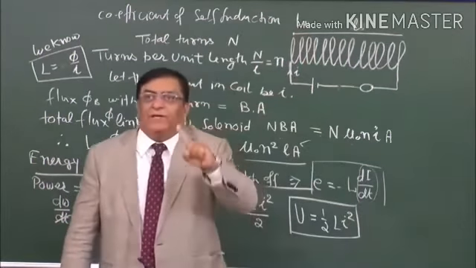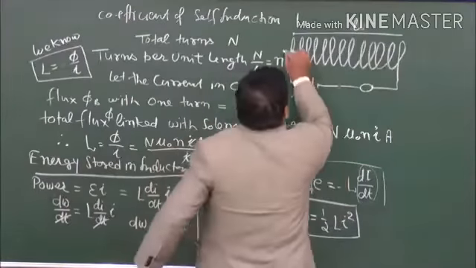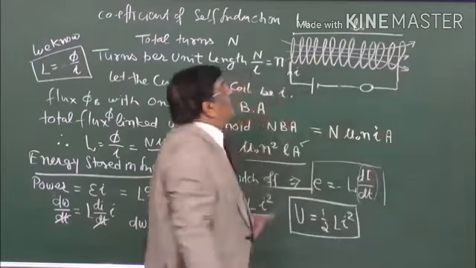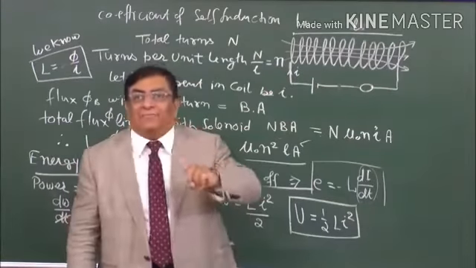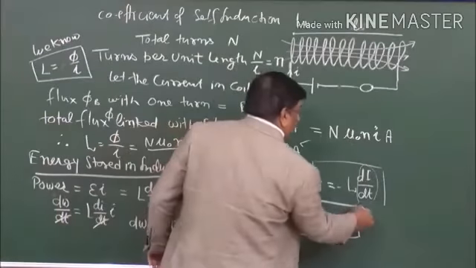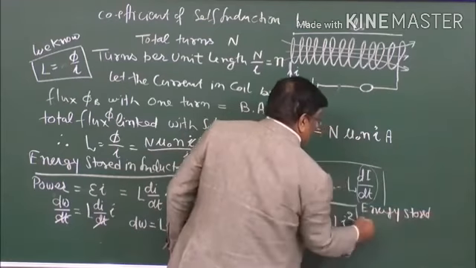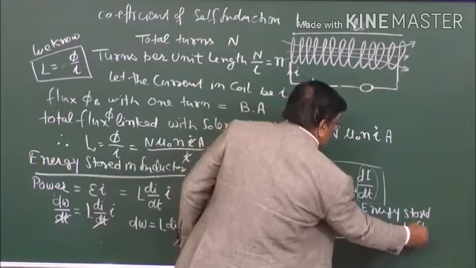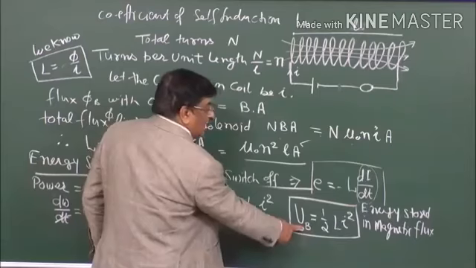Now the question is, where is this energy stored? Answer: when the current flows, a magnetic field is formed here. This energy is stored as energy of that magnetic field, that magnetic flux which is present here. So we make a note here: energy stored in magnetic flux. We call it UB, magnetic field energy.